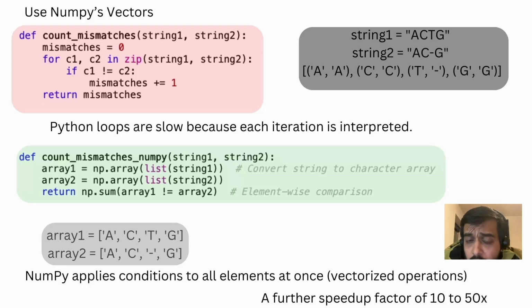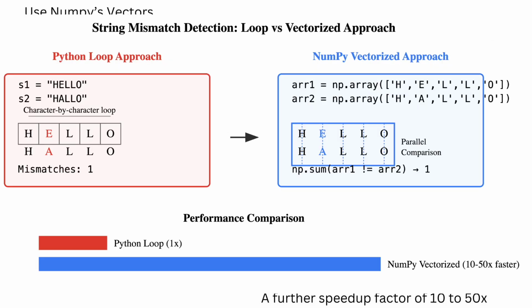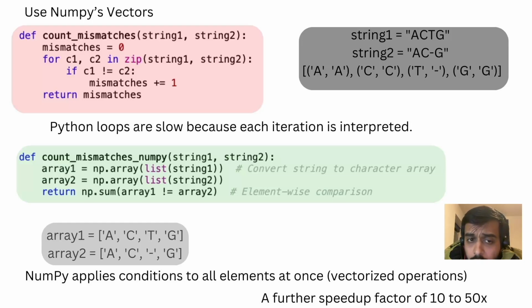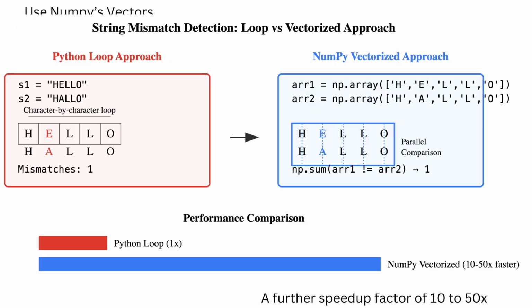So I suggested that we could use NumPy's vectorization to optimize the operation. As I show in the green rectangle, my approach was that since NumPy is implemented in C, it allows us to perform operations on entire arrays at once instead of processing element by element within a loop.